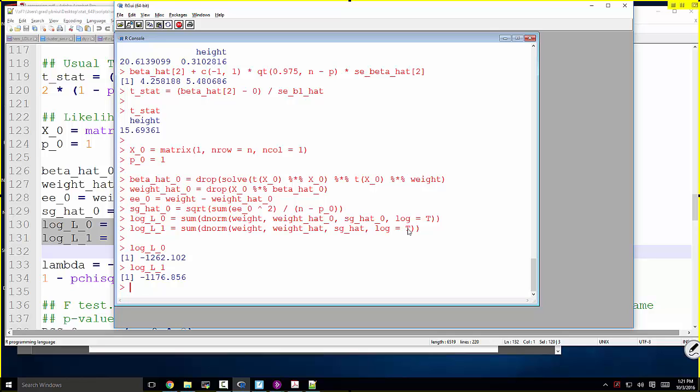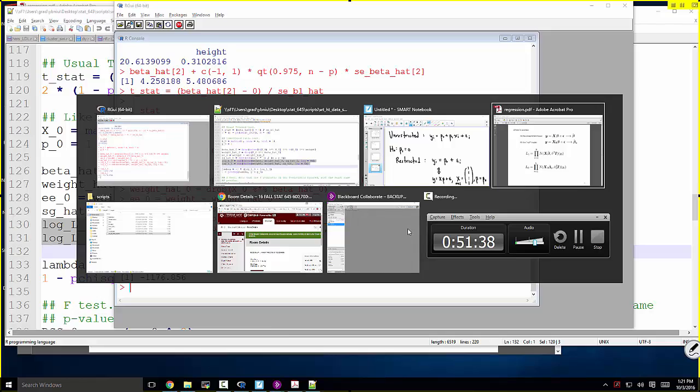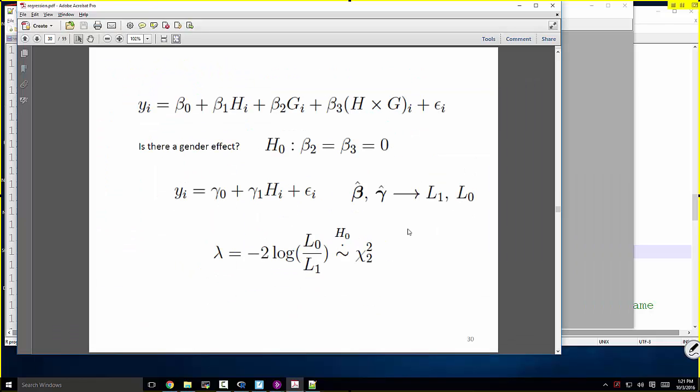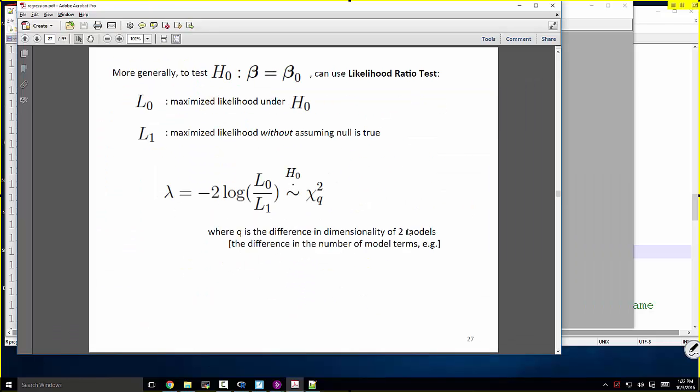Then that test statistic that we saw, this guy, minus 2 times the log of the likelihood ratio.